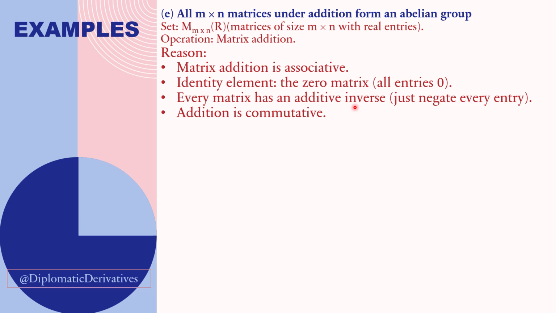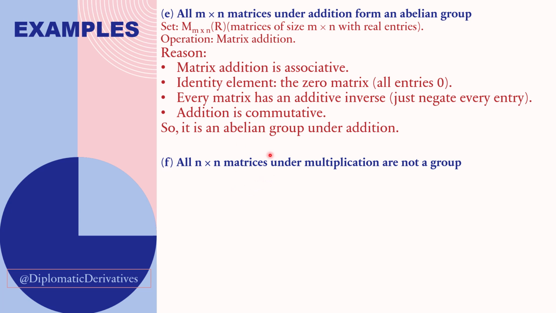The identity element is the 0 matrix. Since it's addition, the identity element is 0, and for matrix addition the identity element will be the 0 matrix, that is, all entries are 0. Every matrix has an additive inverse, which is just negating all the values. So if it's 1 2 3 4, the additive inverse will be -1 -2 -3 and -4. Also matrix addition is commutative, so it's an abelian group.